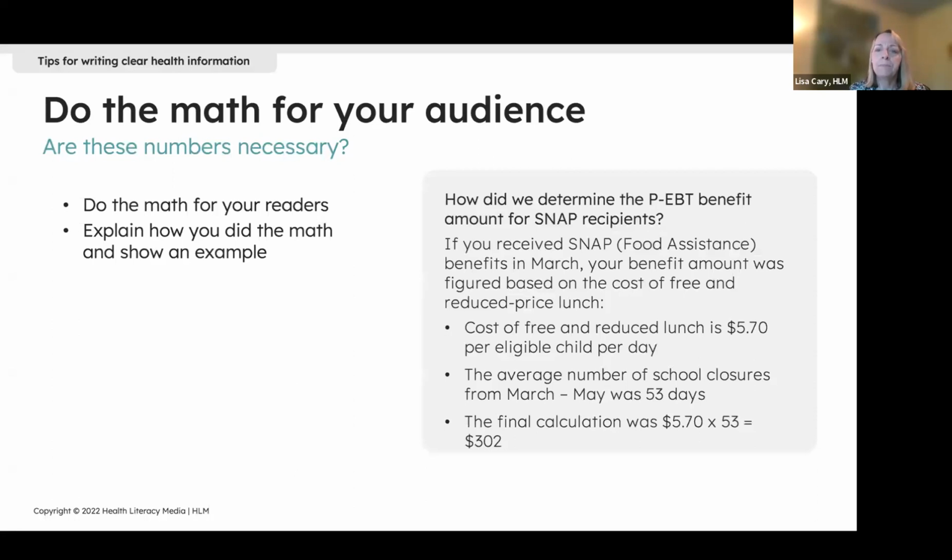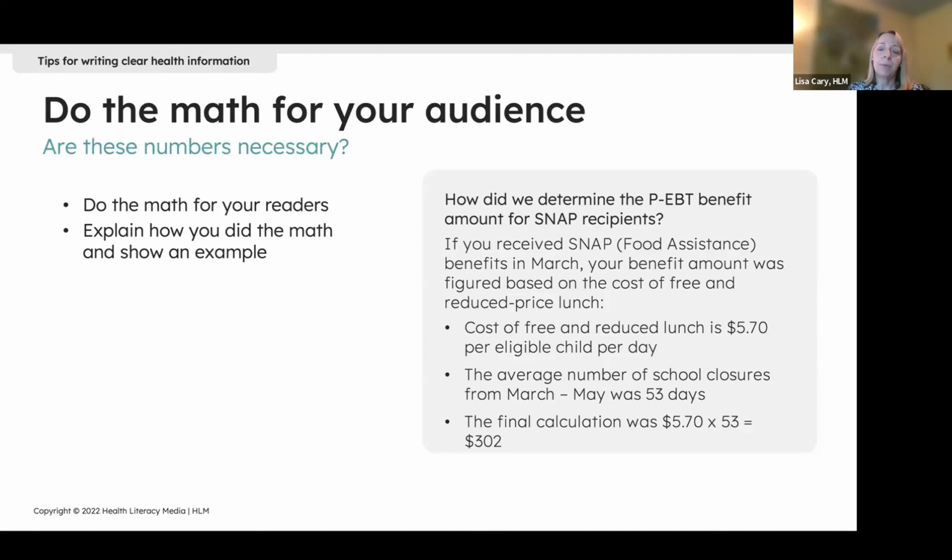This is from during the pandemic, and there were the pandemic EBT benefits that people get when they have the SNAP or food stamp program. This was something that the Family Support Division in Missouri put on their website because during the pandemic, the kids who were getting free school lunches through SNAP were not going to school, so they were missing out on those free school lunches.